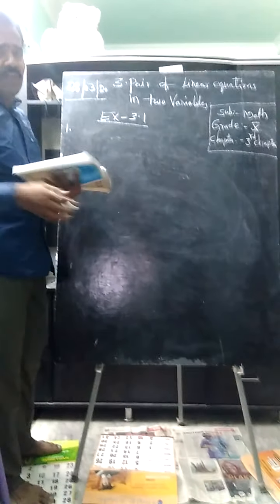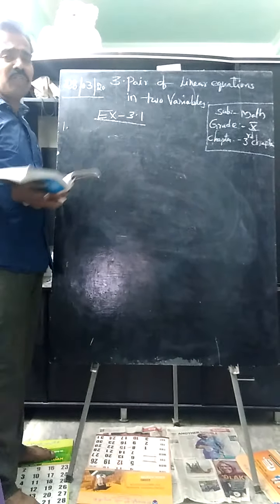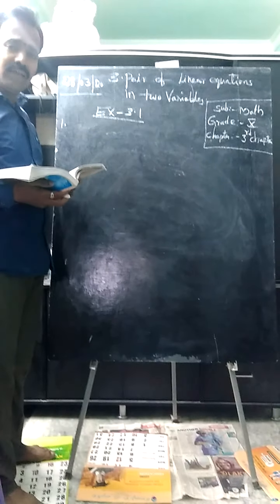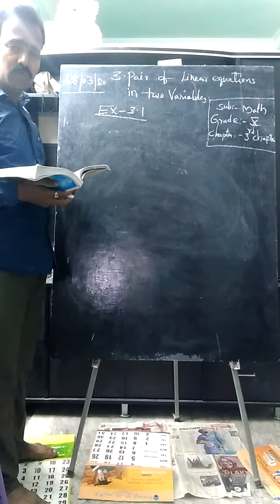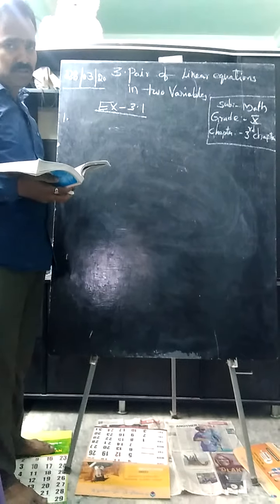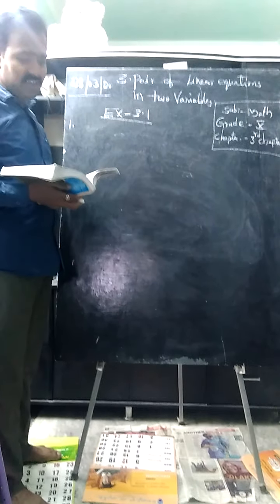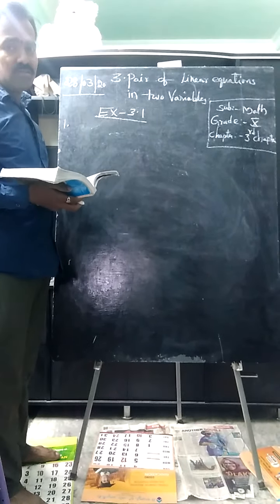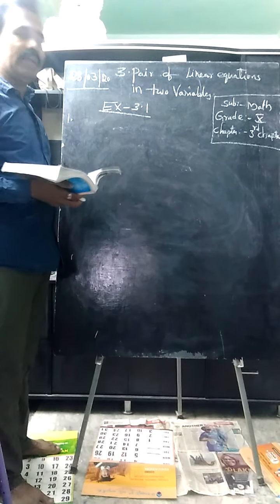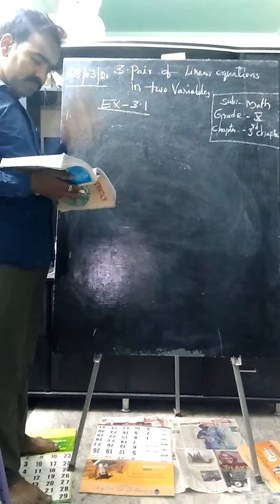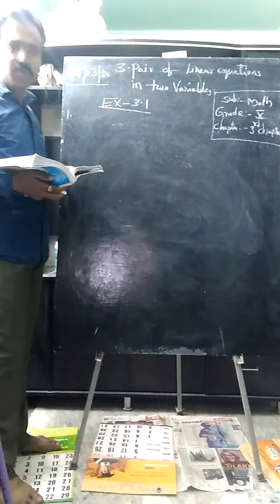As you learned, students, the standard form of a pair of linear equations or system of linear equations in two variables is a1x plus b1y plus c1 equal to 0 and a2x plus b2y plus c2 is equal to 0. Now some word problems are given. By using these word problems, I will teach how to write geometrically, and the remaining problems given as home assignment you need to do as homework.